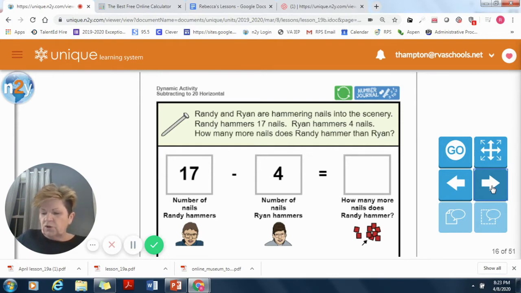You do which strategy works best for you. What did you choose? Did you choose dots, hash marks, fingers, or do you know? You just are able to know in your head that 7 minus 4 is 3, right. I did hash marks, so I know that 7 minus 4 is 3.